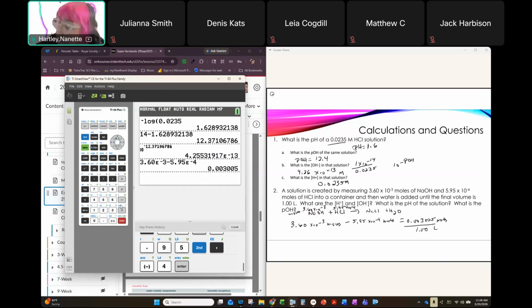So I end up with this 0.00305 molar. That's a big M, it just doesn't look like it. That's OH minus. And so I can take the negative log of that number, and that will be equal to my pOH.